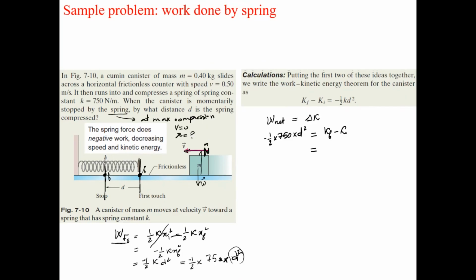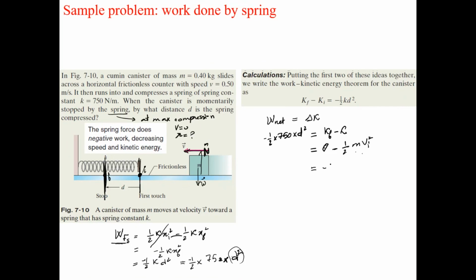So at this final point, the speed of the canister is momentarily 0. It's at the maximum compression situation. So this is 0, and here I'll have minus half m v squared. Now, what I still need is the initial speed. If I know this, I know the mass, I can solve for d.